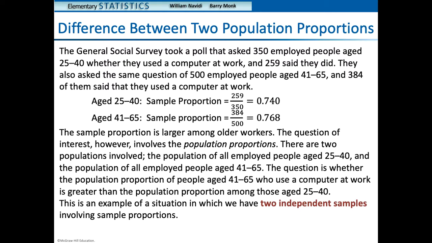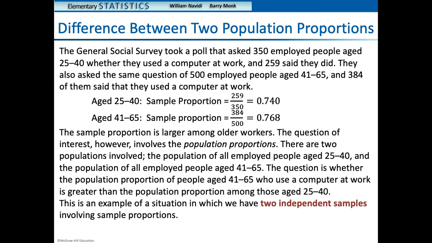the population proportions. There are two populations involved: the population of all employed people aged 25 to 40, and the population of all employed people aged 41 to 65.